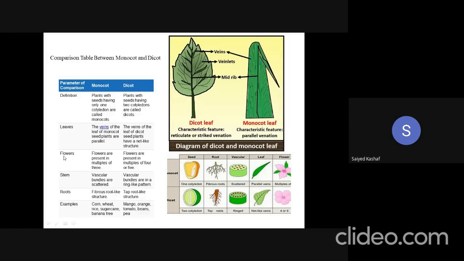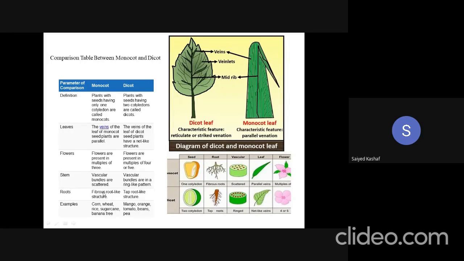Now the third difference is in the flower. The flower parts are present in multiples of 3 in monocots, and in multiples of 4 or 5 in case of dicots. Now the next difference is in the stem. The vascular bundles are scattered in monocots. You can see the red dots represent the vascular bundles, which are scattered in case of monocot, and the vascular bundles are present in a ring-like pattern in case of dicot.